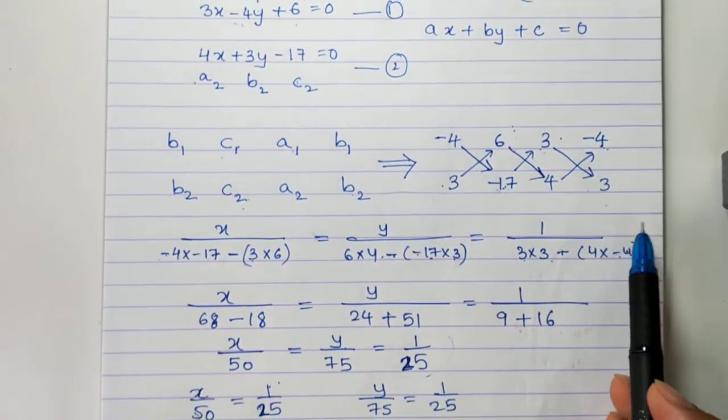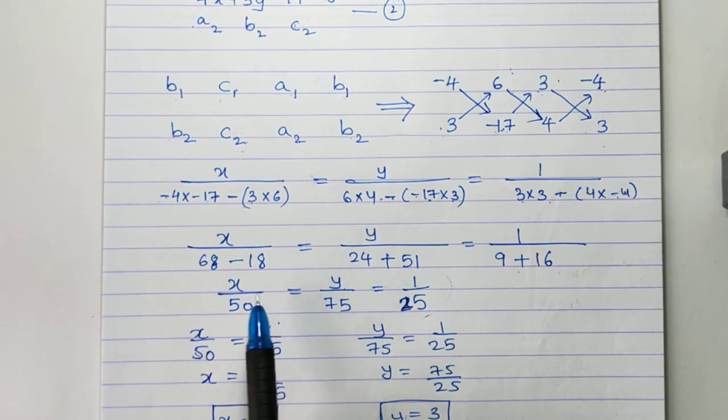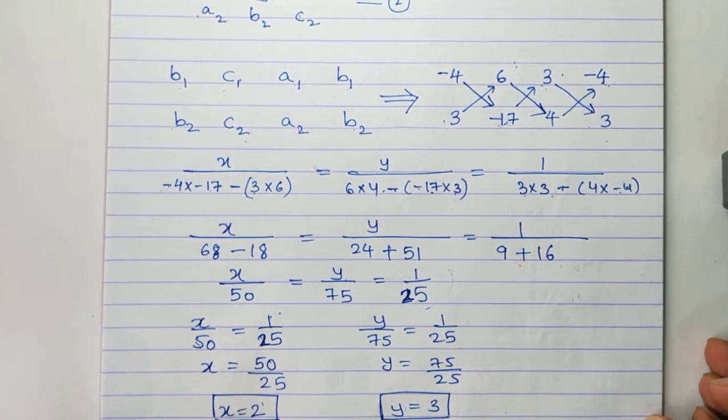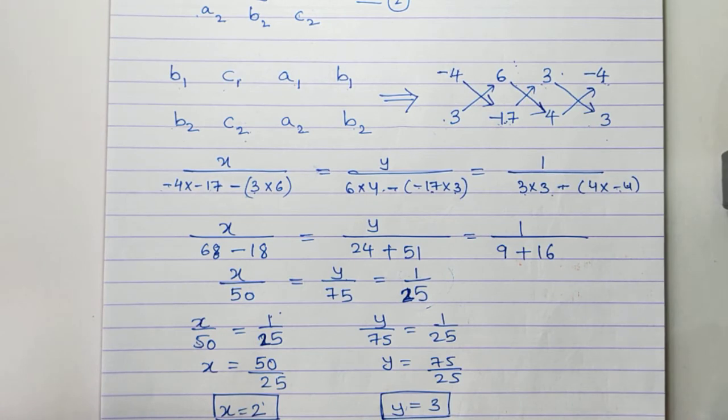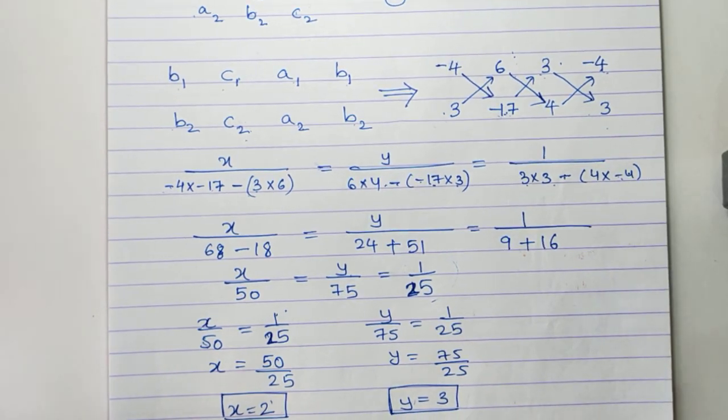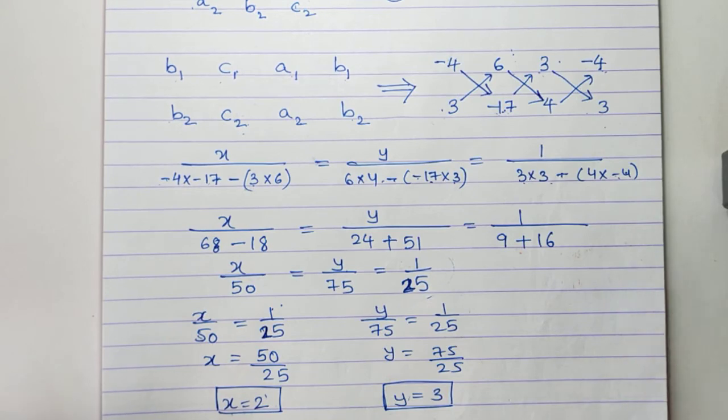These three denominators, then you simplify them, or if you take two at a time. So x upon 50 and 1 upon 25, y upon 75 and 1 upon 25, and you got the values of x and y. So I hope you have understood this method. All the sums in this exercise are same.